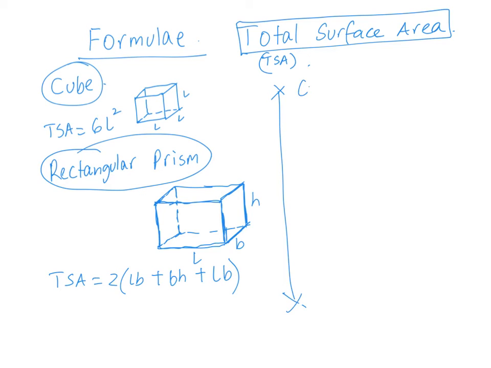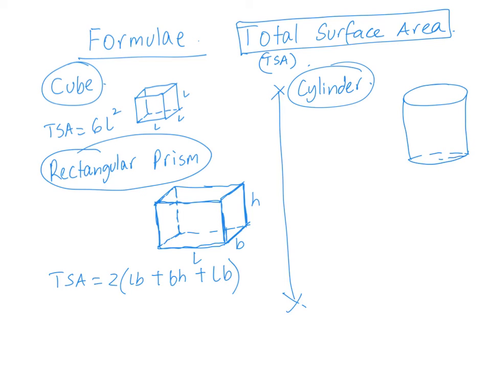Okay, then you have a cylinder. So I've got a radius and a height. So a circle at the top, which is pi r squared, and this curved surface area is 2 pi rh.